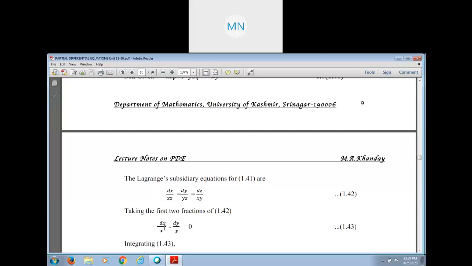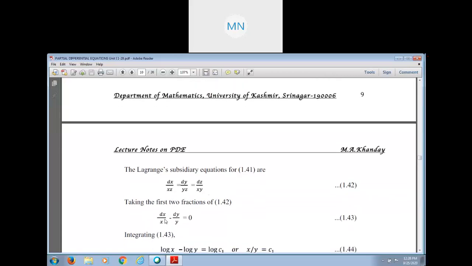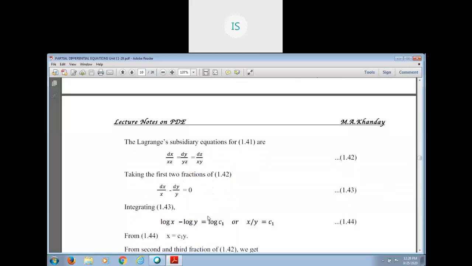The integration of 1 by x dx is log x, and similarly this one will be log y. If we equate it to c1, it looks like x by y equals c1.